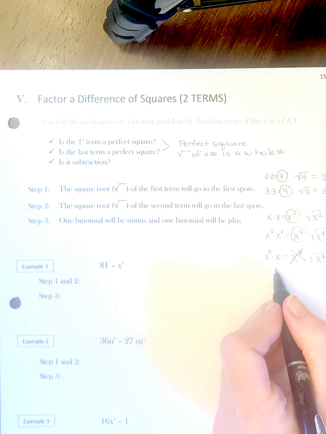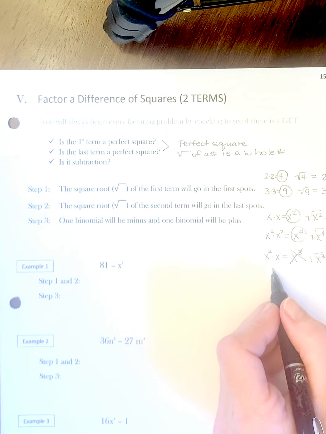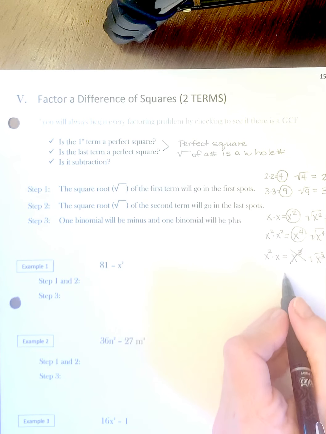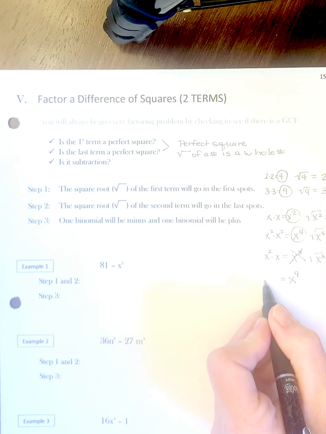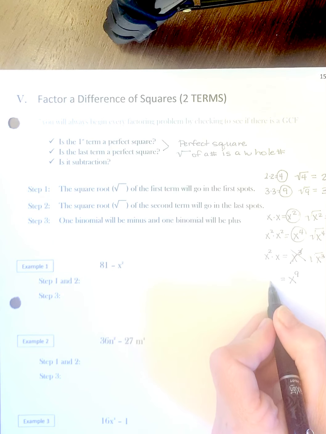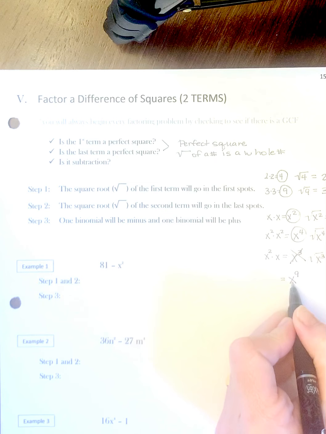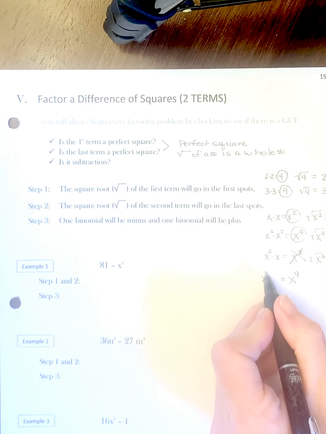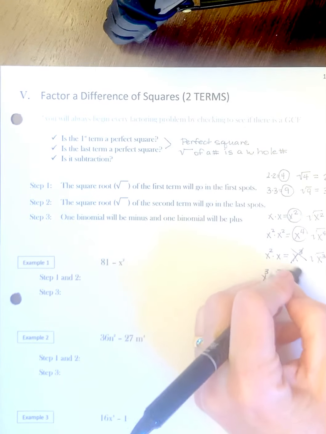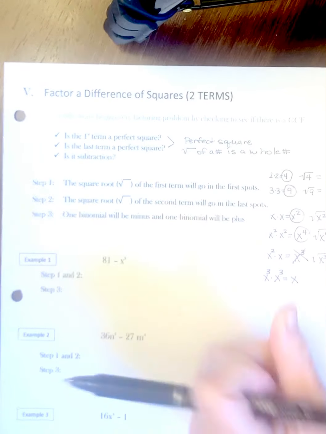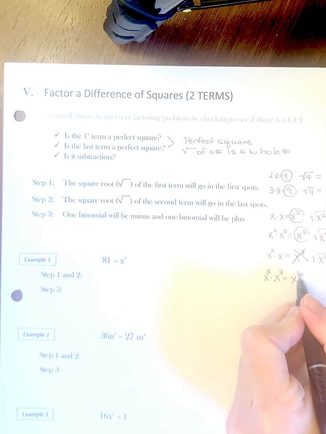All right, and then one more I want to look at. If we had x to the 9th, is there anything you can multiply together, something times itself, to get x to the 9th? There is not. See, x to the 3rd times x to the 3rd is x to the 6th.